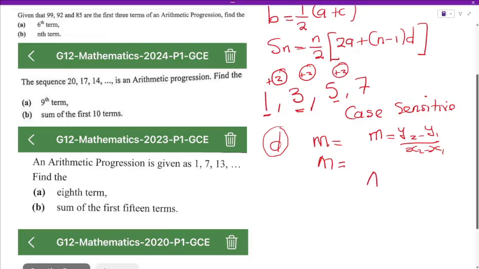You say m is equal to y2 minus y1 everything over x2 minus x1. This is the correct formula. This one is wrong.